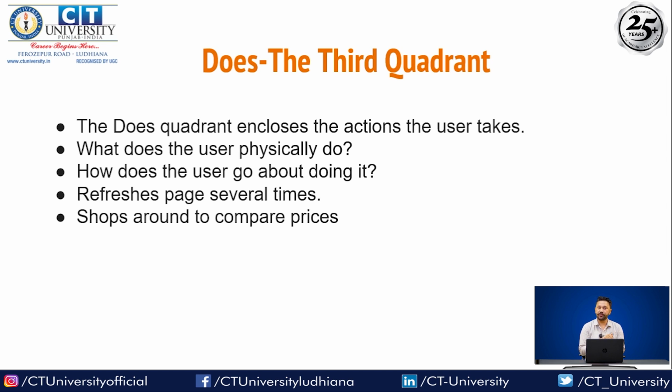Whether he is going to a physical store to buy a mobile, whether he is going to the Amazon site to buy a product, how does the user go about doing it? If he is unable to use the site, he may refresh the site again and again, or he shops around to compare prices. He goes to Amazon, he goes to Flipkart, he goes to another site in order to compare the prices on similar websites.